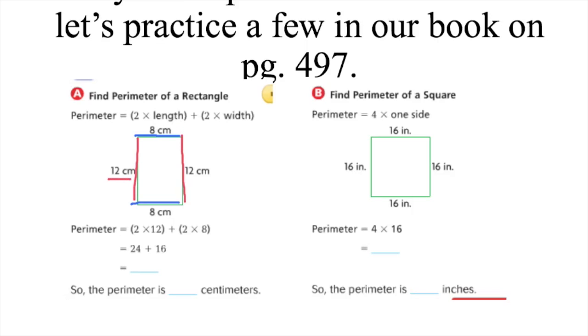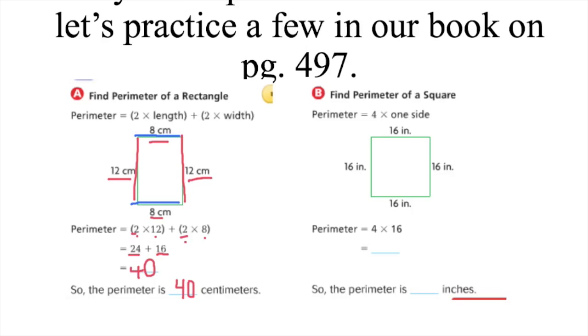Certainly, I could add 12 plus 12 and 8 plus 8, or I could say there's two sides that are 12 and two sides that are 8. So 2 times 12 is 24. 2 times 8 is 16. And 24 plus 16 is 40. So the perimeter of this shape is 40 centimeters.